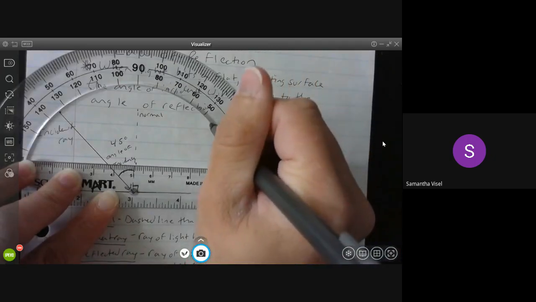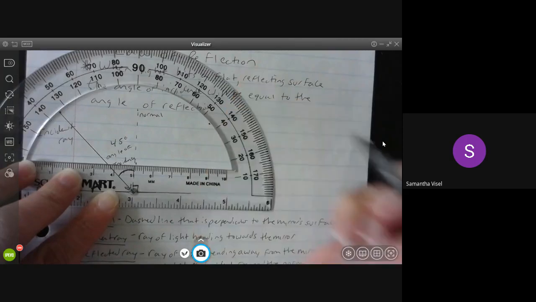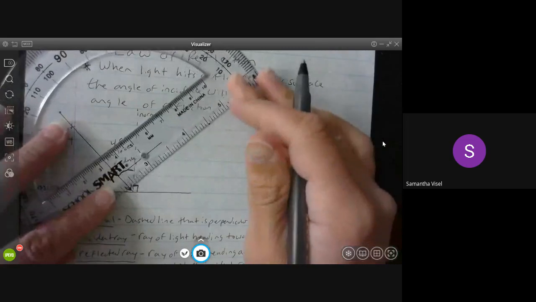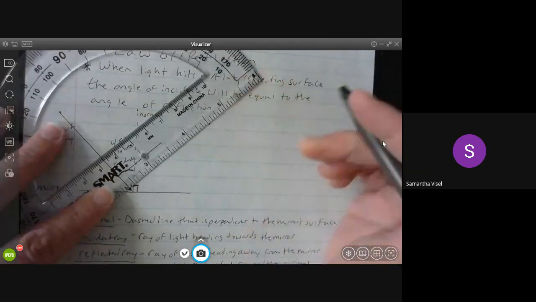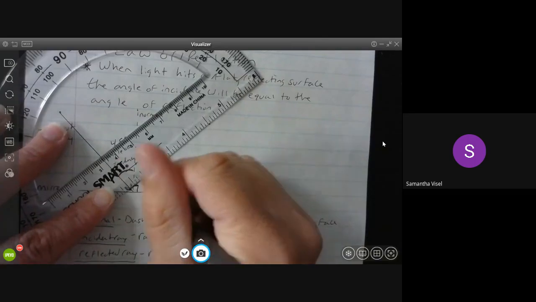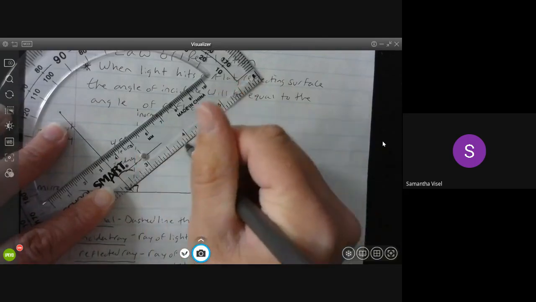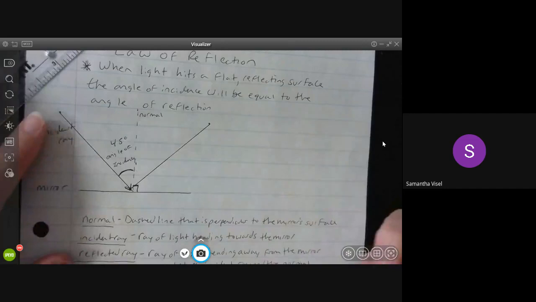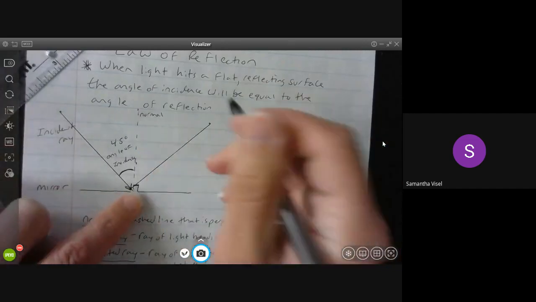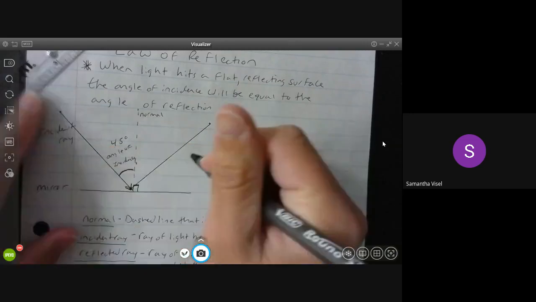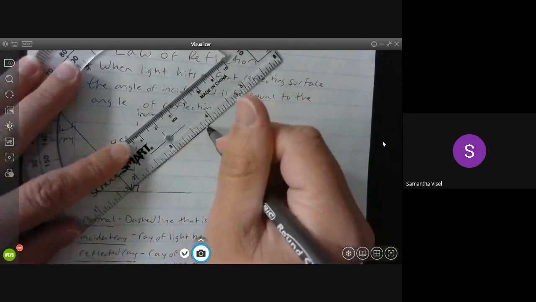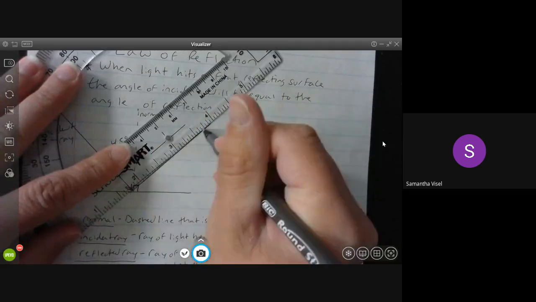Extend my dot down, and then line it up from where we're at with the normal line up to the top. Connect those two there. Oh, I ended up being off a little bit. I didn't quite get that on the normal line there, did I? There we go, it's a little better.